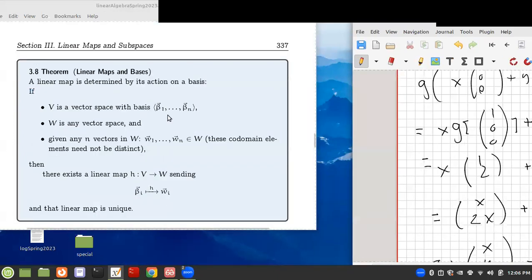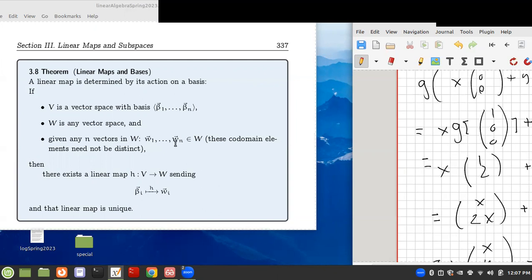If V is a vector space with this basis, and W is any vector space, given any n vectors in W, we can choose any n vectors in W, and there exists a linear map mapping the basis vectors in V to those vectors in W. So if I've got a vector space V with, say, 10 basis vectors, and W could be any vector space, I can just choose 10 vectors in there and map beta 1 to W1, beta 2 to W2, beta n to Wn, and I've got a basis action, so I've got a linear map.